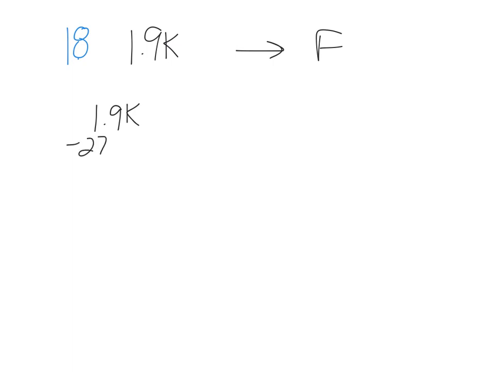Okay, in 18 and 20, I think you can do these with little review. 18 says 1.9 Kelvin, and we want to get that into Fahrenheit. So you always go Kelvin to Celsius first. So 1.9 Kelvin, and we have to subtract 273 to get Celsius, so we have negative 271.1 degrees Celsius.